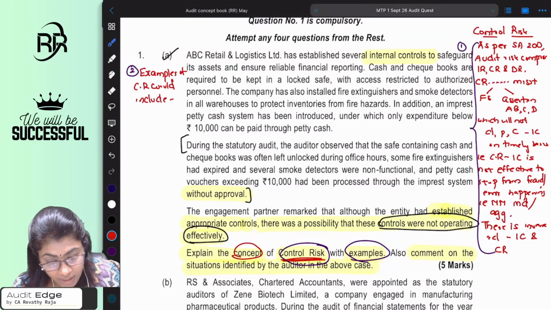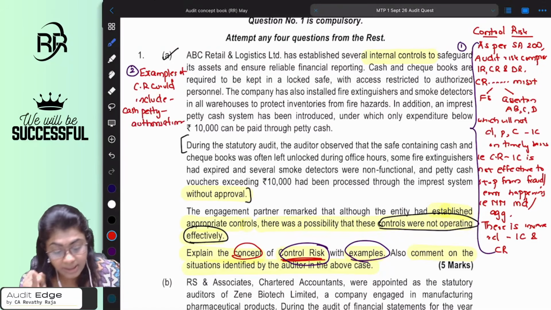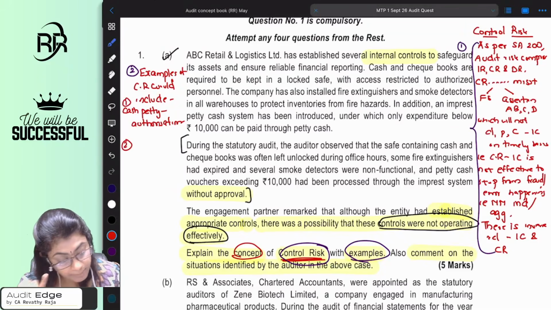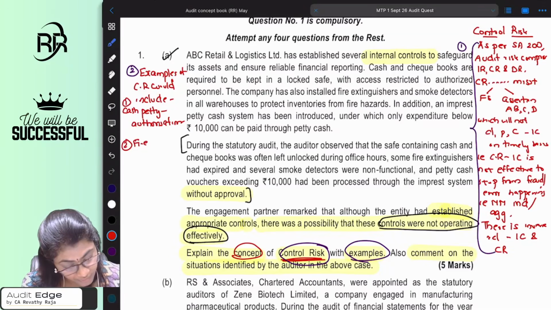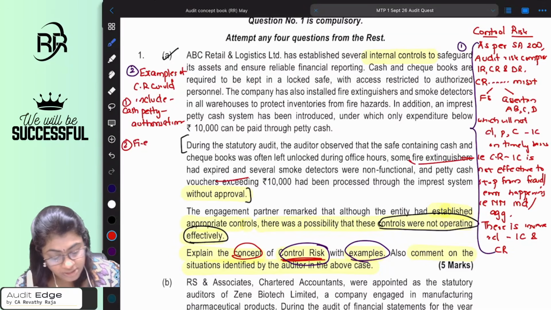See, petty cash, there should be proper authorization. Lack of authorization, first example. Then second example, the fire extinguishers have expired. Smoke detectors non-functional. That can be the second example.